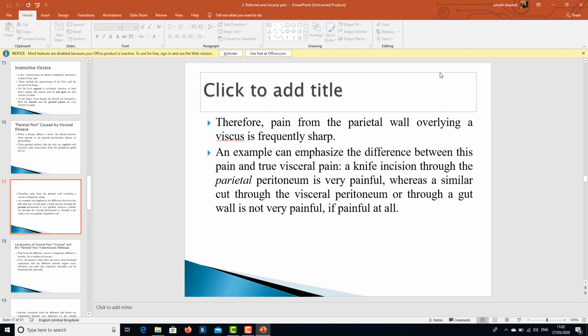So, we should be knowing about that it is actually the type of fibers over there which are actually going to determine that which type of pain is to be sensed by that area. If there is presence of A delta type of fibers, sharp lancinating type of pain that is being perceived. If there is presence of C type of fibers, then there is a sort of dull, ache, continuous type of pain that is going to be perceived.